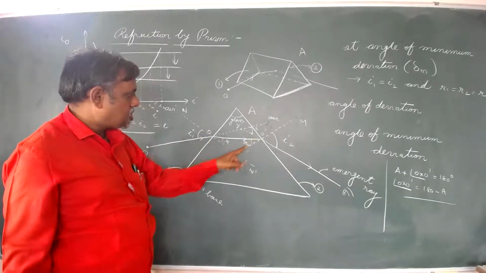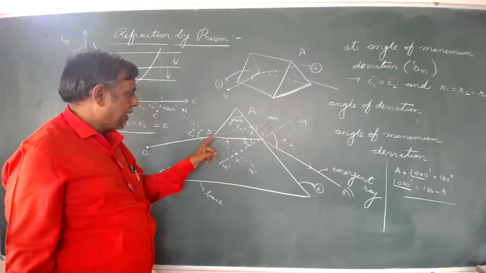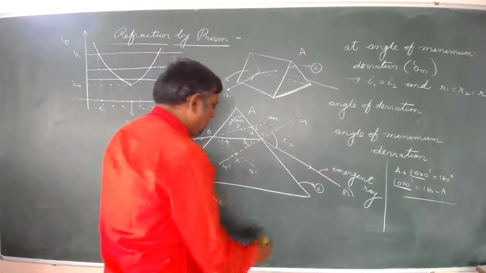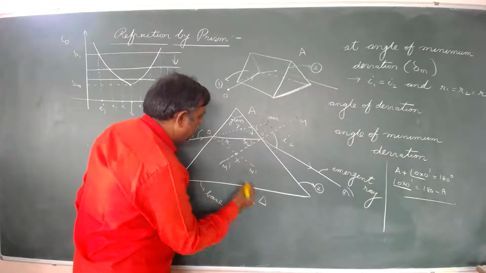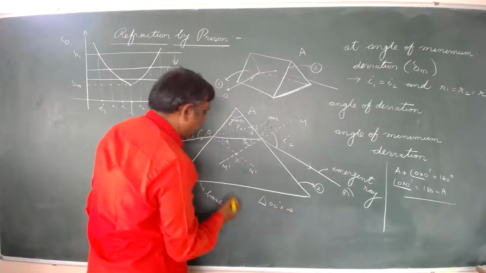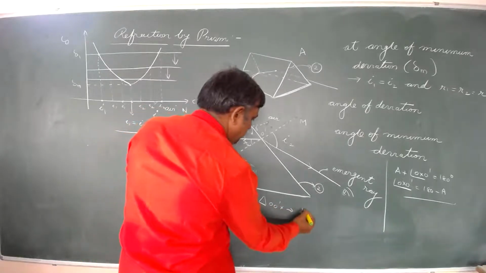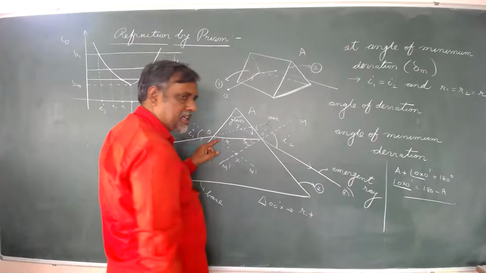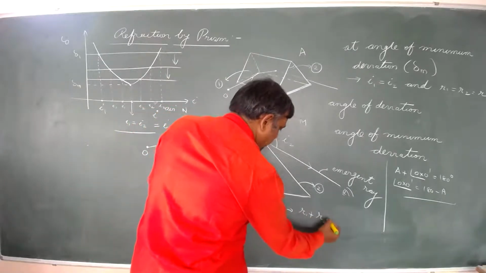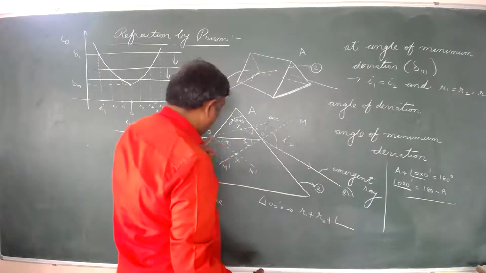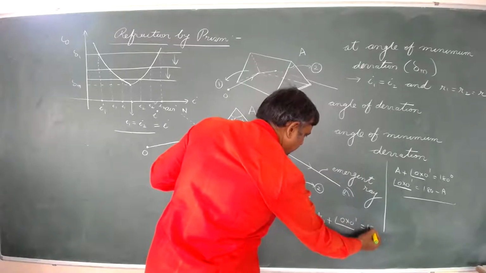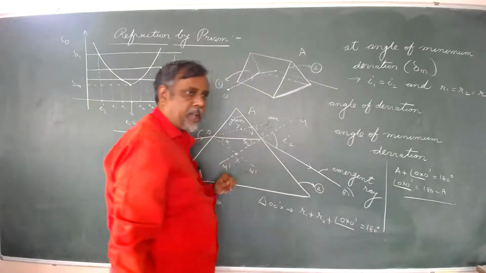Now look at this triangle, triangle O dash X. In this triangle, R1, which is one of the angles, R2, the angle of the second vertex, plus the angle OXO dash is equal to 180 degrees. The angle sum property of a triangle.